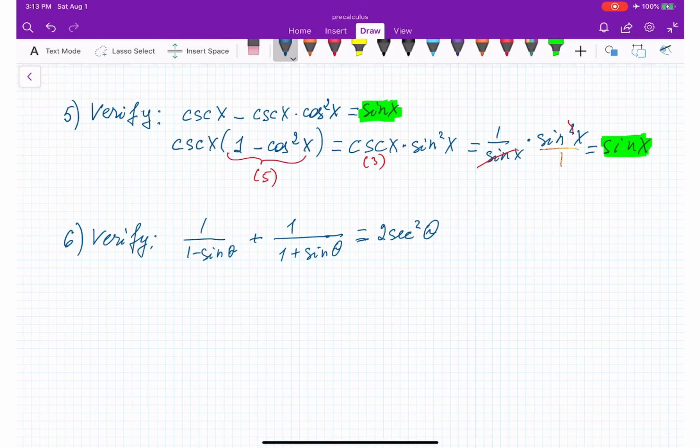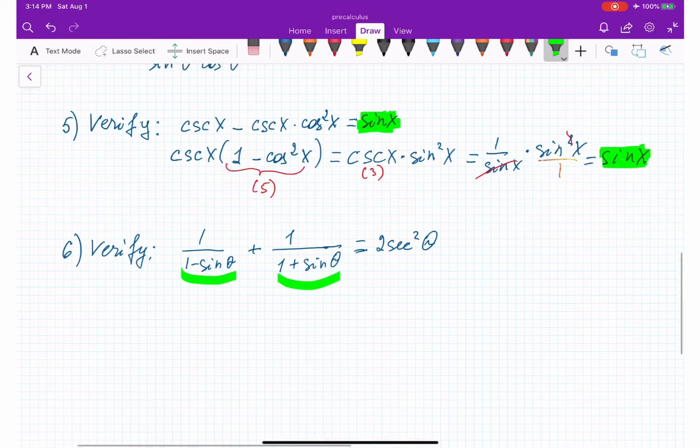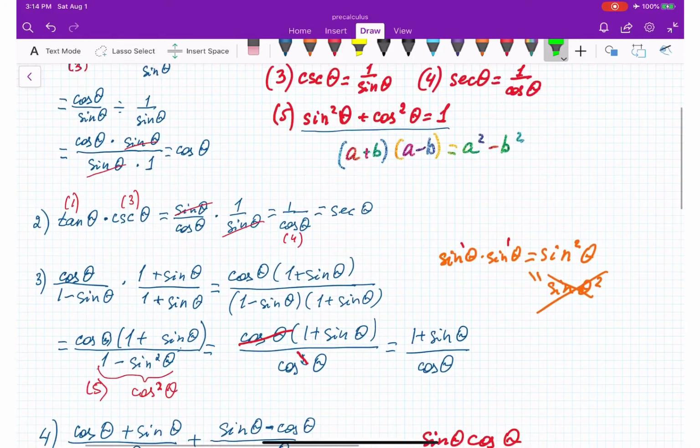So, since it's addition, right? So what do we have? 1 minus sine theta, 1 plus sine theta. We are going to apply this algebraic formula, a plus b times a minus b equals a squared minus b squared, right?